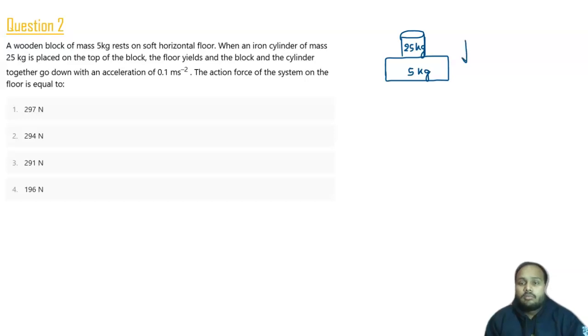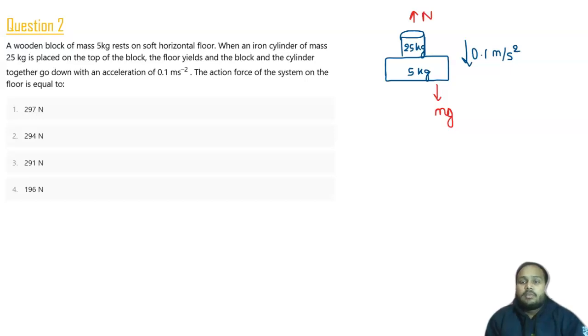And it is going together with a downward acceleration of 0.1 meter per second squared. So if we take this as a system, in the downward direction we will get mg, and in the upward direction we will get the normal reaction. Fine.